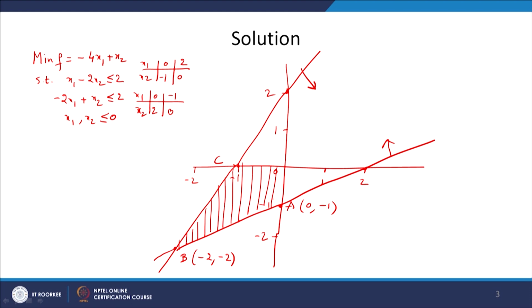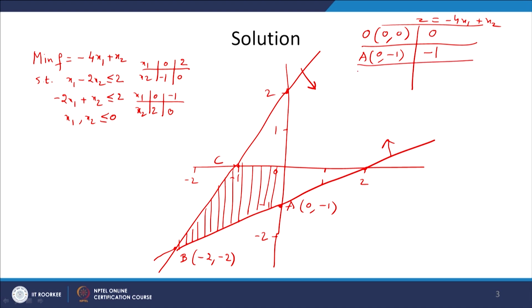Now comes the time to find the value of the objective function at each of these points. The objective function is minus 4x1 plus x2, and at the origin the value is 0. At the second point A, 0 comma minus 1, the objective function is minus 1.